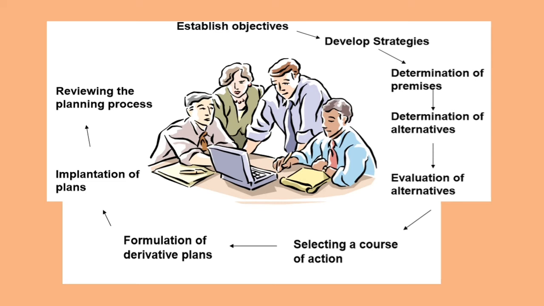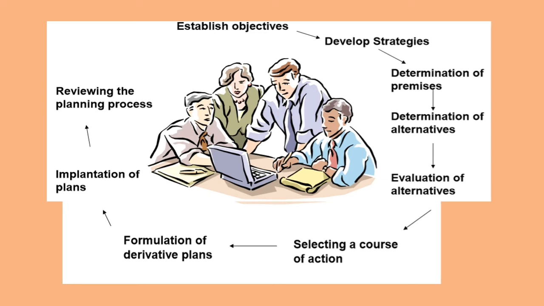Fourth is the formulation of derivative plans. Derivative plans are the sub-plans or secondary plans which help in the achievement of the main plan. Secondary plans will flow from the basic plan and derivative plans will indicate the time schedule and the sequence of accomplishing various tasks.